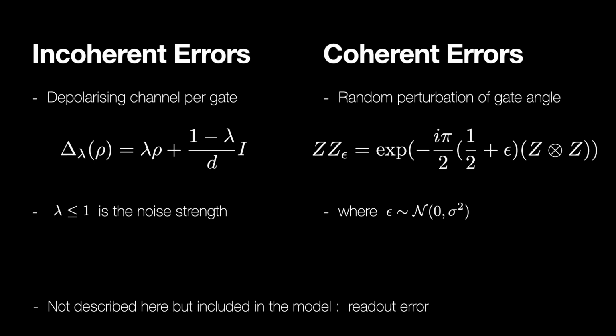We model incoherent noise as a depolarizing channel, and we model the coherent noise as random perturbations to the gate parameters in the circuit. So the incoherent noise is relatively well behaved, but the coherent noise basically increases the spikiness of the distribution, and that shows up in an increase in the RMS error in the data with respect to the ideal depolarizing channel.